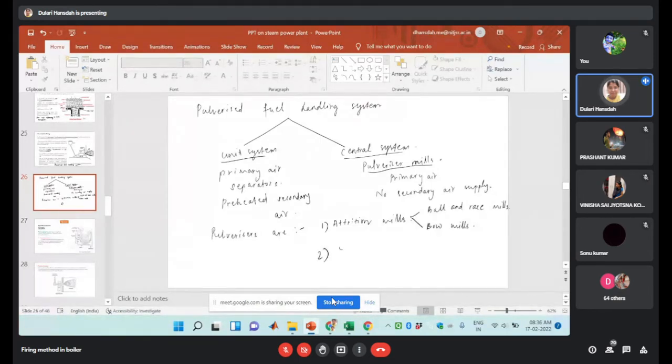Then we have the impact mills, under which we have ball mills and hammer mills. Okay, so these are the different types of pulverizers mainly used in the pulverizer mills. Under this we have two types of mills: one is the attrition mill, another one is the impact mill. I'm not going into the details of ball mills, bowl mills and hammer mills. So directly we will discuss the burners.